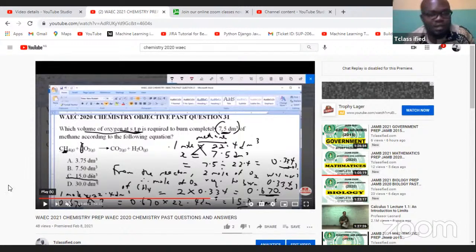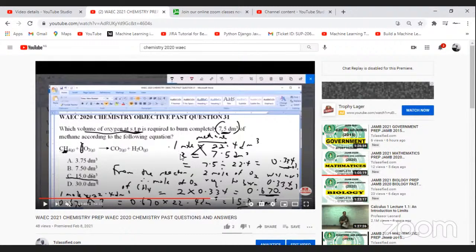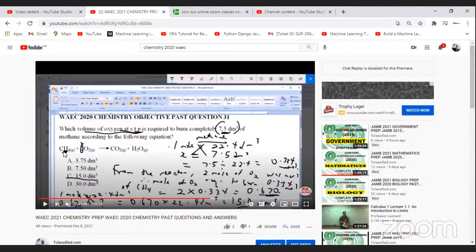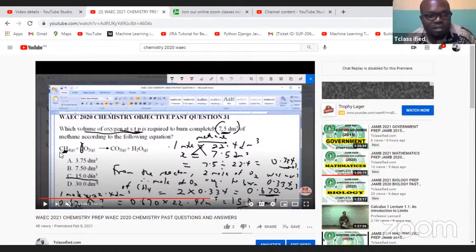But one mole would always contain 22.4 dm³. So X will contain 7.5. Make X the subject, and it will give 0.334. But here, one of these gives two of these.